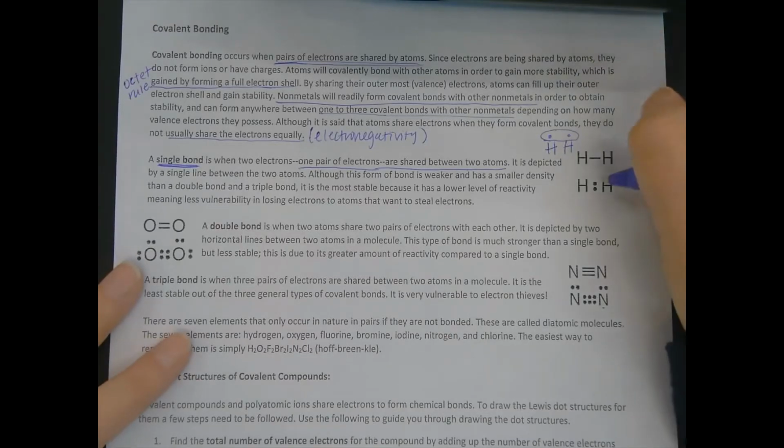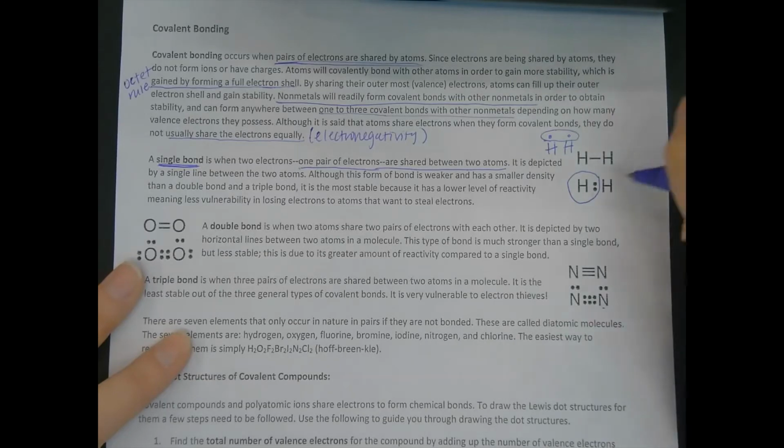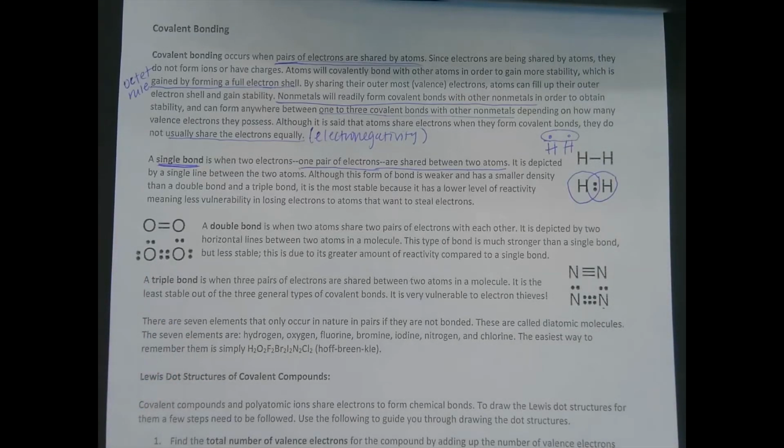And both atoms of hydrogen are happy because look, this one has 2. And then this one has 2. They're both happy. They're sharing. And hydrogen again is happy with 2. It doesn't need 8 because it only has a 1s orbital. So its outermost electron shell is full at 2.